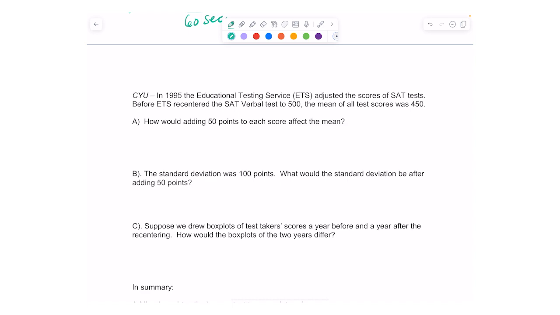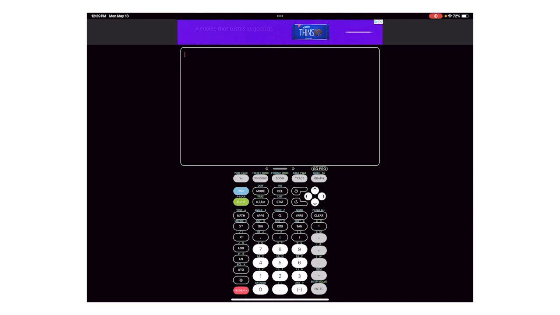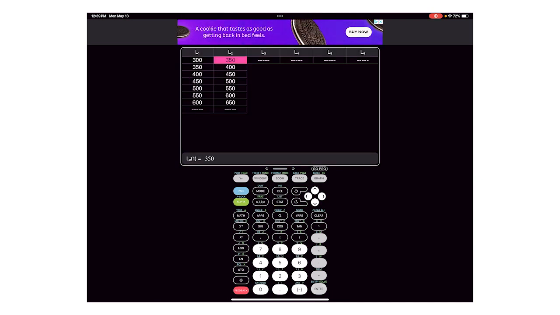So let's investigate that. What I did was I typed into my calculator a set of numbers. I went into stat, and I typed in numbers where in list 1, the average was 450, and in list 2, I added 50 points to each of those original values. So 300 plus 50 is 350, 350 plus 50 is 400, and so on.